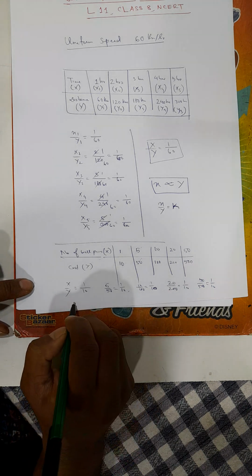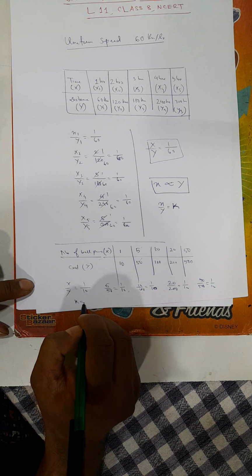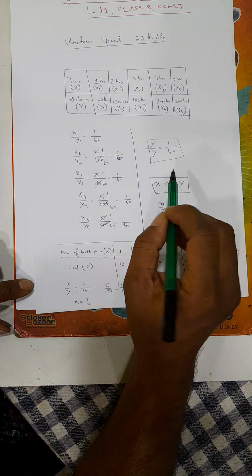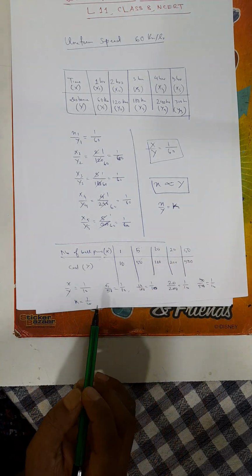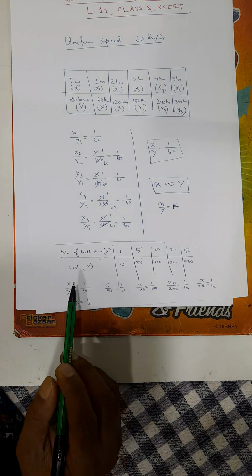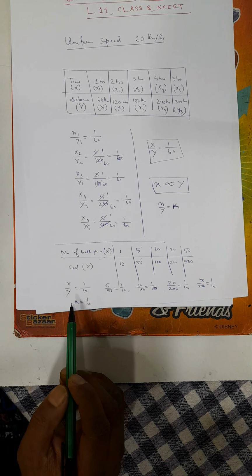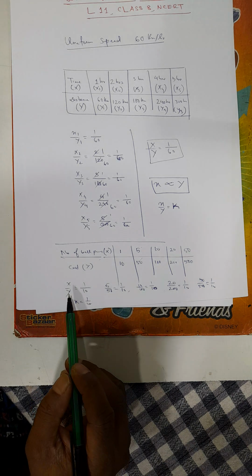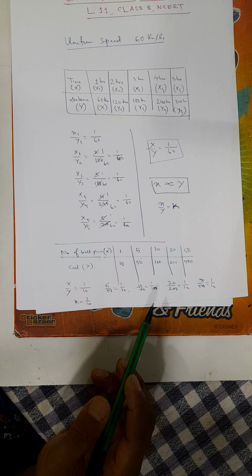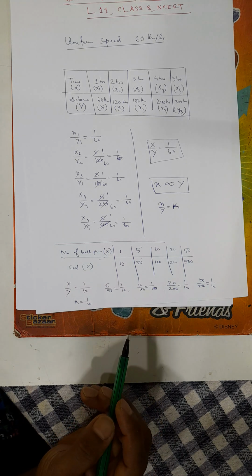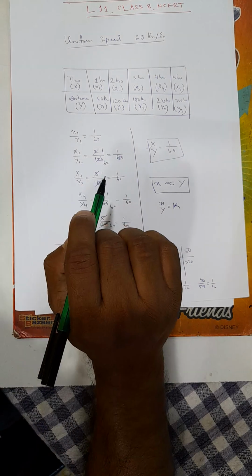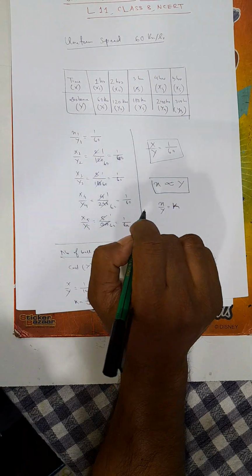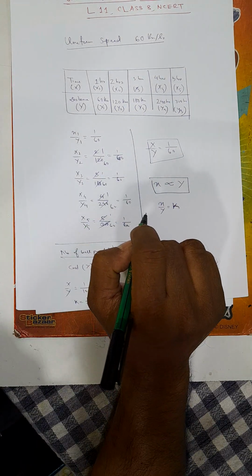In this case, the constant k equals 1 by 10. In the earlier example, k equals 1 by 60. So these two quantities are directly proportional, because the ratio of x and y is always constant. So what we understood is that two quantities are said to be directly proportional if their ratio is always constant.